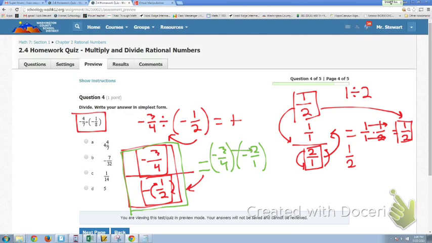So what's 3 times 2? That's 6. What's 4 times 1? That's 4. A negative times a negative is positive, so it's going to be positive 6/4. Let's reduce to 3/2, and reduce even further and say that's 1 and 1/2. So in other words, 1/2 goes into 3/4 one whole time plus another half.